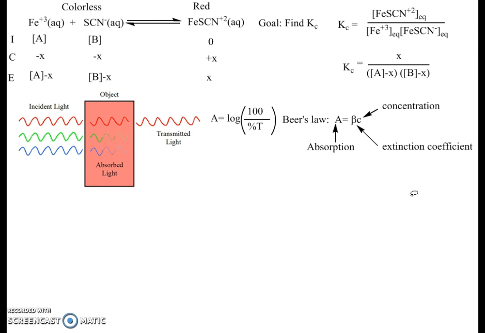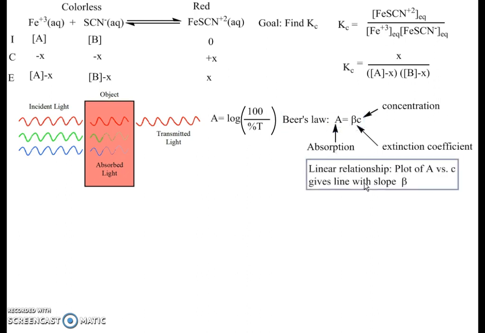So if I can measure the % transmission, and get the absorption, I can find the concentration as long as I know the extinction coefficient. Well, how do I get the extinction coefficient? You'll notice that this is a linear relationship. So if I make a plot of A versus C, my slope will be the extinction coefficient B. And we're going to take advantage of this in today's experiment.